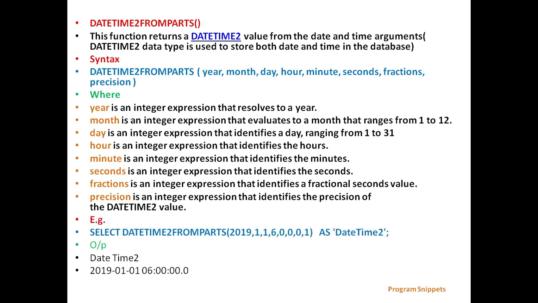For example, SELECT DATETIME2FROMPARTS(2019, 1, 1, 6, 0, 0, 0, 1) will give the output with date 2019-1-1 and time as 6.